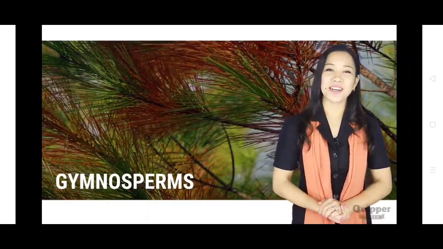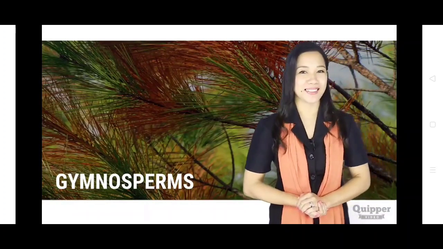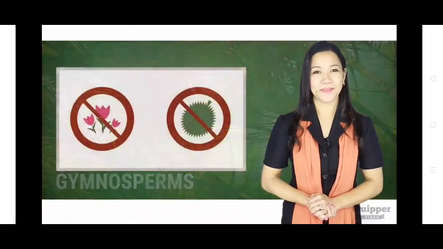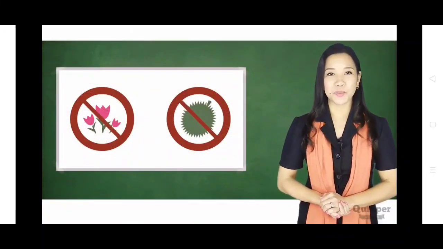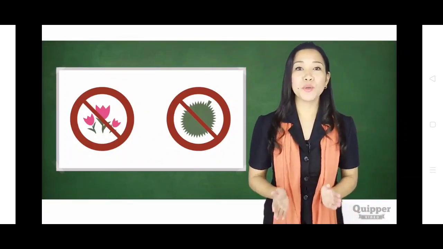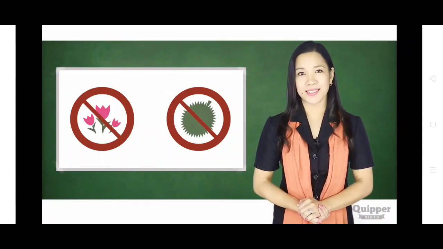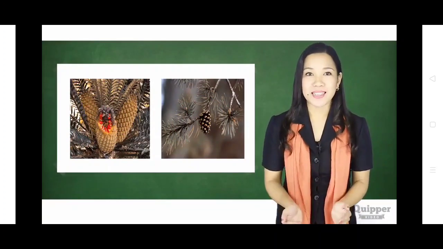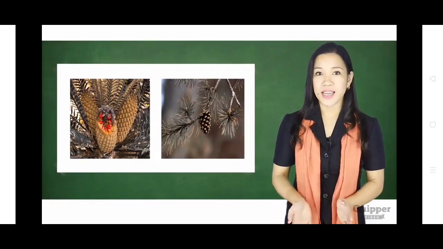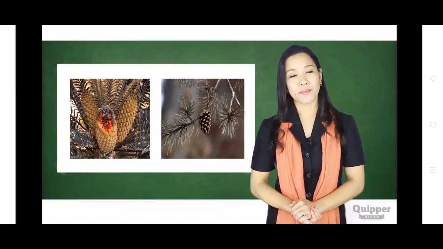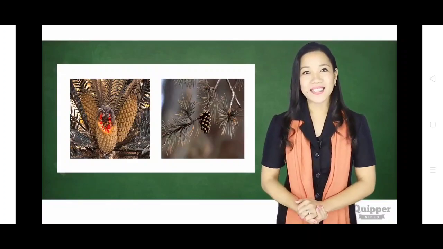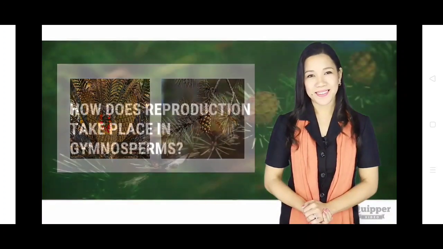Let us discuss reproduction in another type of plant, the gymnosperms. Unlike angiosperms, gymnosperms do not have flowers and fruits. Their ovules, which become seeds, are on the surface of a scale or a modified leaf. Examples of gymnosperms include cycads and conifers.